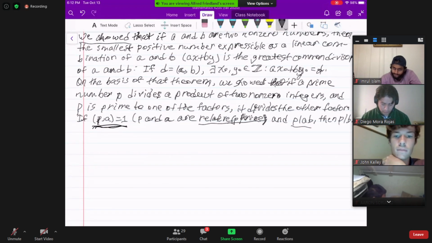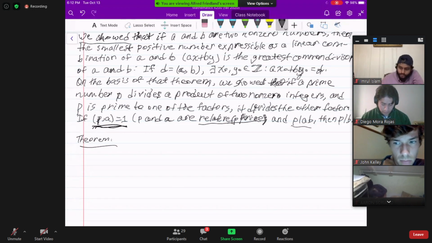Let's prove a similar theorem. By the way, notice as we do all this, as always happens in mathematics, it's set up so that one thing leads to another. So we had the division algorithm.